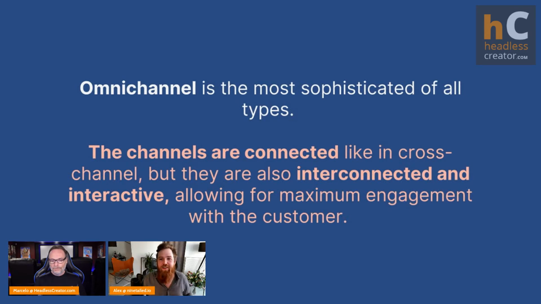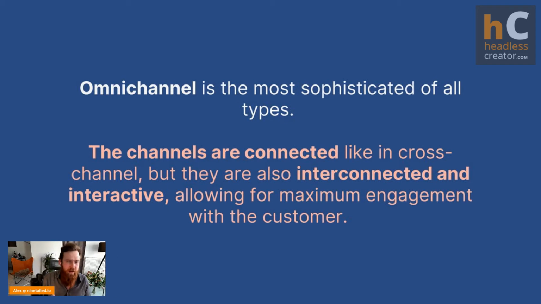Yes, exactly, that's it. That's also why we speak about omnichannel today. This is the most sophisticated setup of all these types I described before. The users visit your pages on your website, and then they maybe pick up the phone, go to the couch, and surf around on your app.